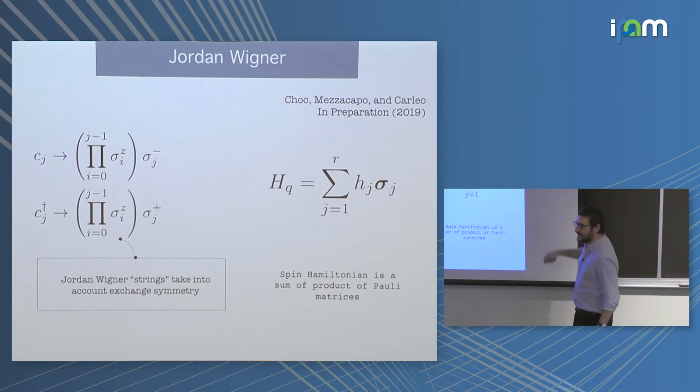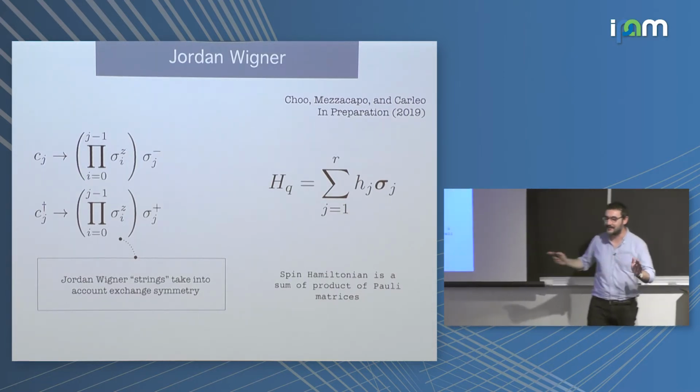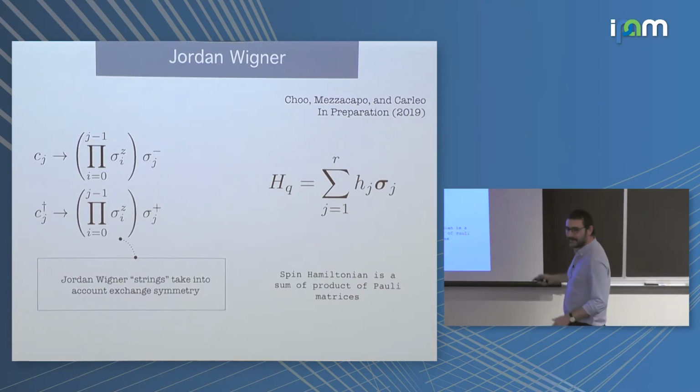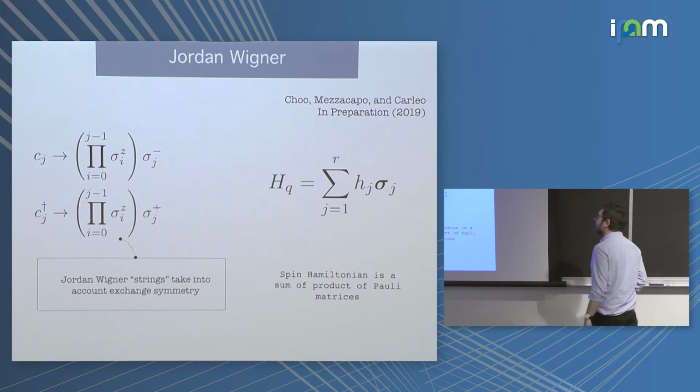So when you exchange two particles, you have to consider how many fermions there are in the middle. If there is an odd number, you will get a minus sign, otherwise you will get a plus sign. So this is an effective way of mapping spins to fermions. This is standard. You will find it in any textbook of quantum chemistry, but also of many-body theory.